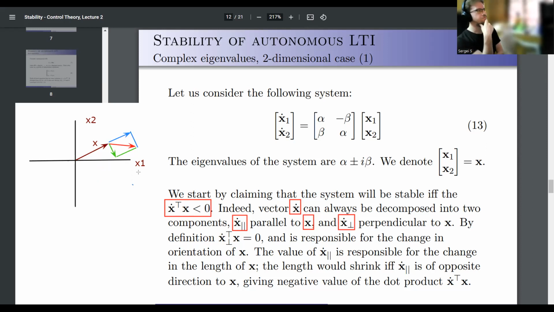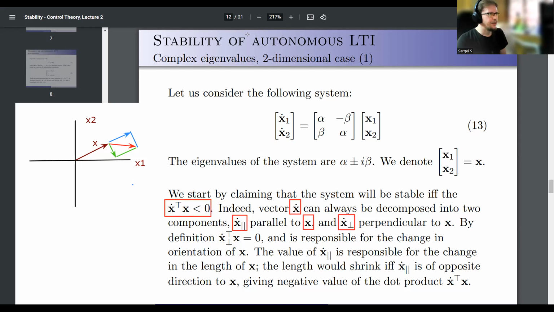Okay. So it somehow makes sense, right? We have this x dot being a 2D vector, we can decompose it into two parts. One is parallel to x, one is perpendicular to x. Okay, good.